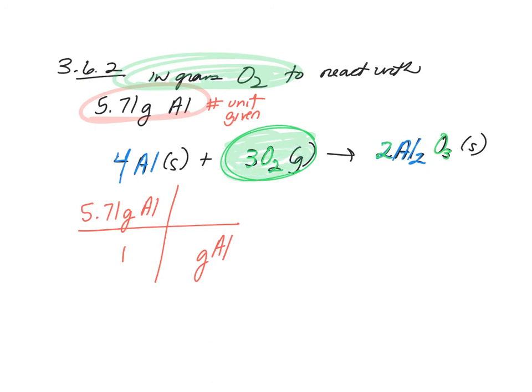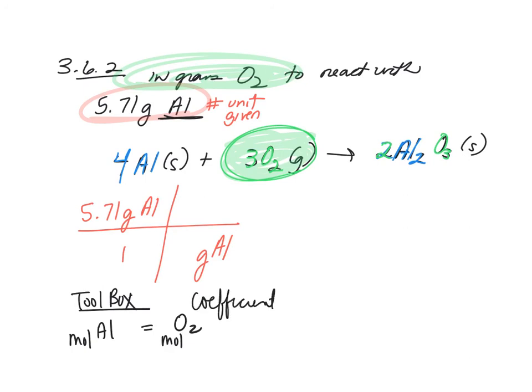So it wants to change. So in our toolbox, we have to go from aluminum to oxygen, because we're at aluminum, we got to get to oxygen. And the only way we know how to do that is, I think, of a mole-to-mole bridge. Okay, and then we have to look at the coefficients in your balanced equation.